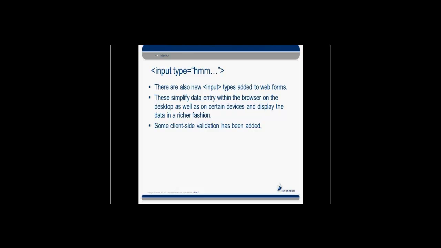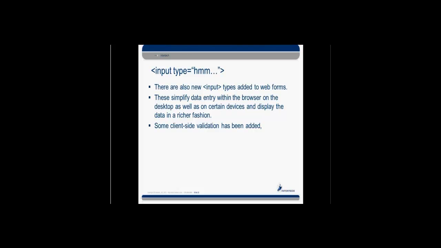What's nice about using some of these new ones is the hope is that if you bring it up in your phone and you see an input type equal telephone, and you're supposed to enter a phone number, it'll actually bring up the dialer on your smartphone, and you can punch it in that way. Or if it's type equals email, it'll actually bring up the keyboard on your smartphone or on your tablet, and that keyboard will be designed for an email or web address with a .com button, for example, and an @ button. That's what the hopes are with these new input types.